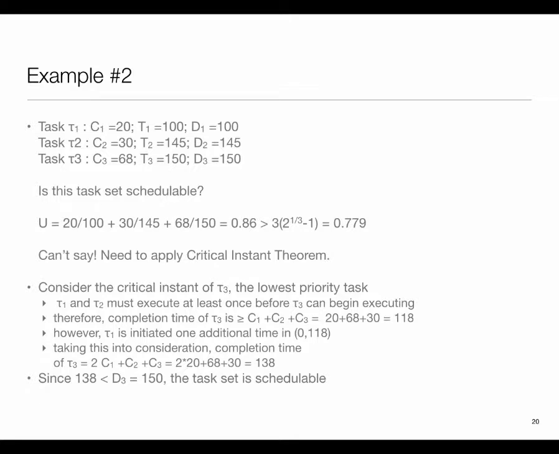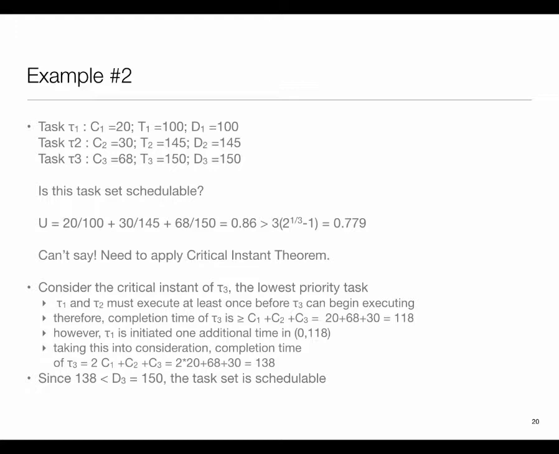Now the problem with 118 is that another copy of task 1 comes at t equal to 100. So we have a little bit of an iterative situation here. This cannot be my deadline because I now have to budget for a second copy of task 1. And since task 1 is higher priority, it will get that in its entirety.